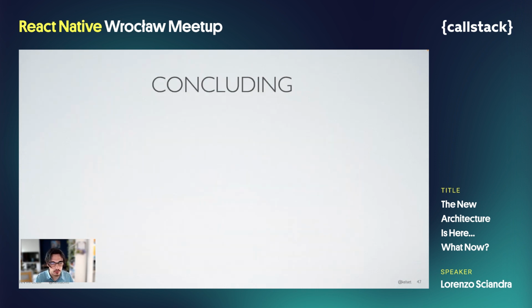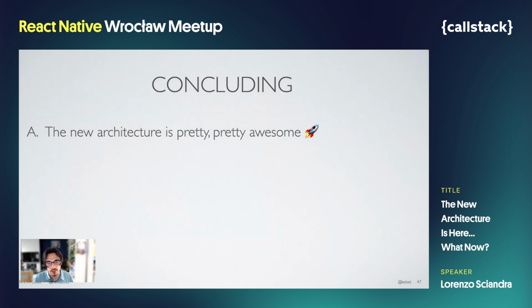So concluding, well, the new architecture is pretty awesome. I hope that the first part of the talk, where we showed you the approach and the technical details of it, kind of sold you on the fact that these are very revolutionary in terms of having a cross-platform solution, being able to provide native experiences.